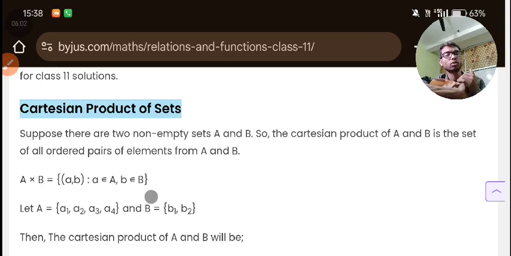It will help us to understand relation and function. Suppose there are two non-empty sets. Non-empty means a set has something in it, it is not empty. So the Cartesian product of A and B is the set of all ordered pairs of elements.